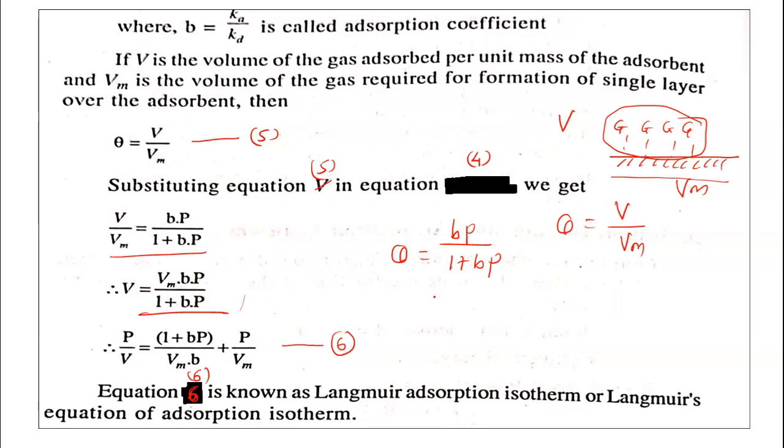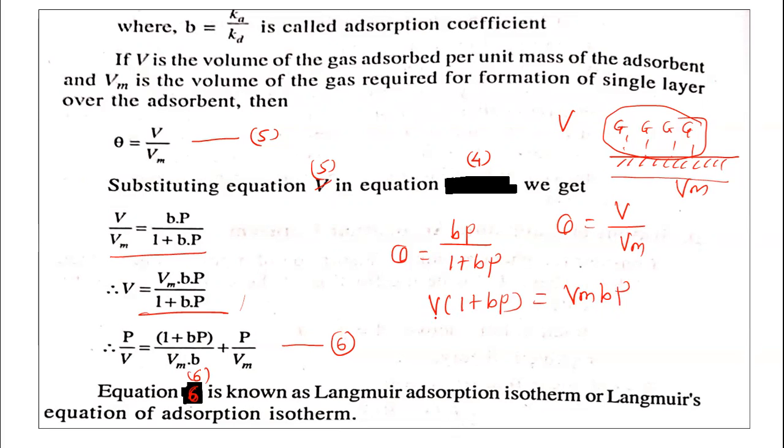This equation can be simplified as V into 1 plus b into p equal to Vm into b into p.